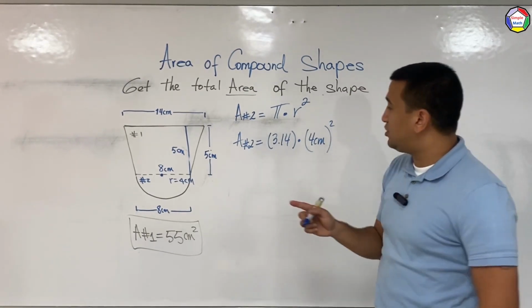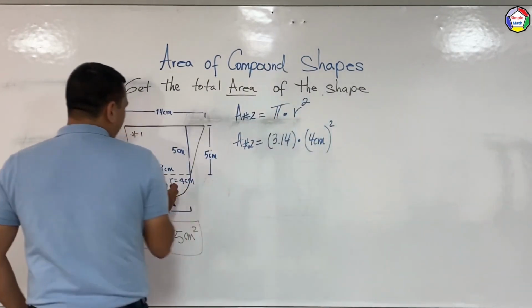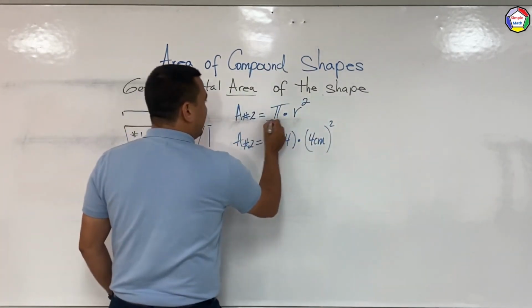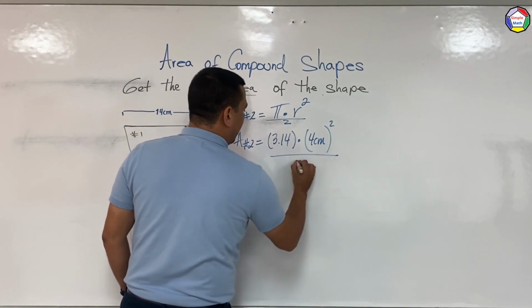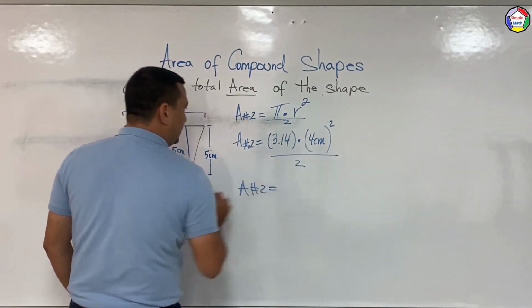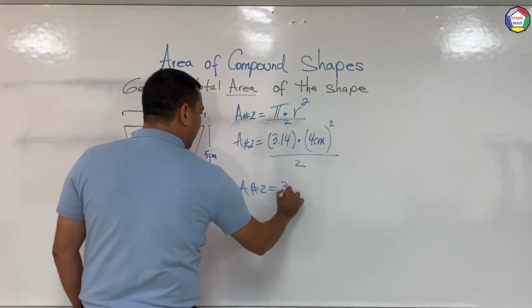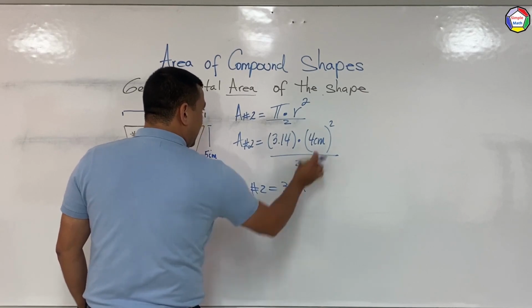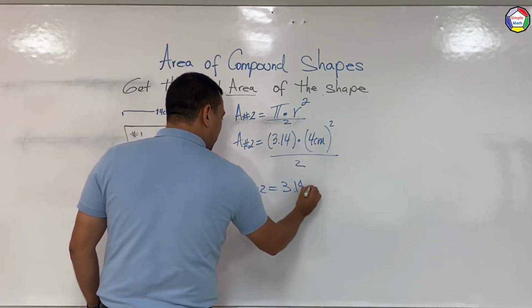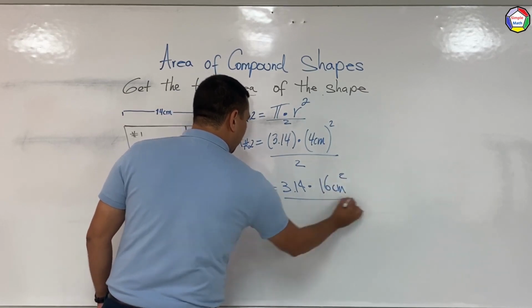And remember, we are not calculating a full circle, we are calculating half of a circle, so we divide everything by 2. So the area of shape number 2 is 3.14 times 4 times 4, which is 16 centimeters squared, over 2.